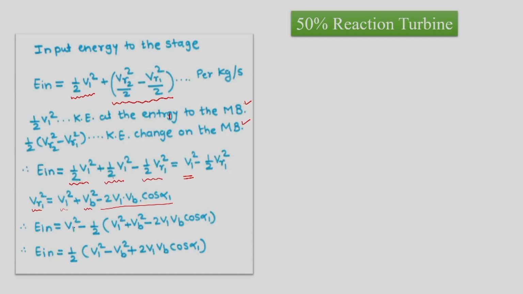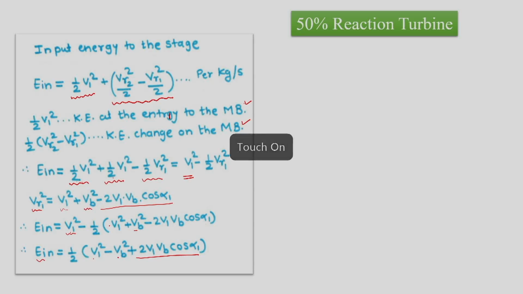So E in is equal to V1 square minus half into V1 square plus VB square minus twice V1 VB cos alpha 1. So we have this V1 square will go in, and so we will have half into V1 square minus VB square plus twice V1 VB cos alpha 1.